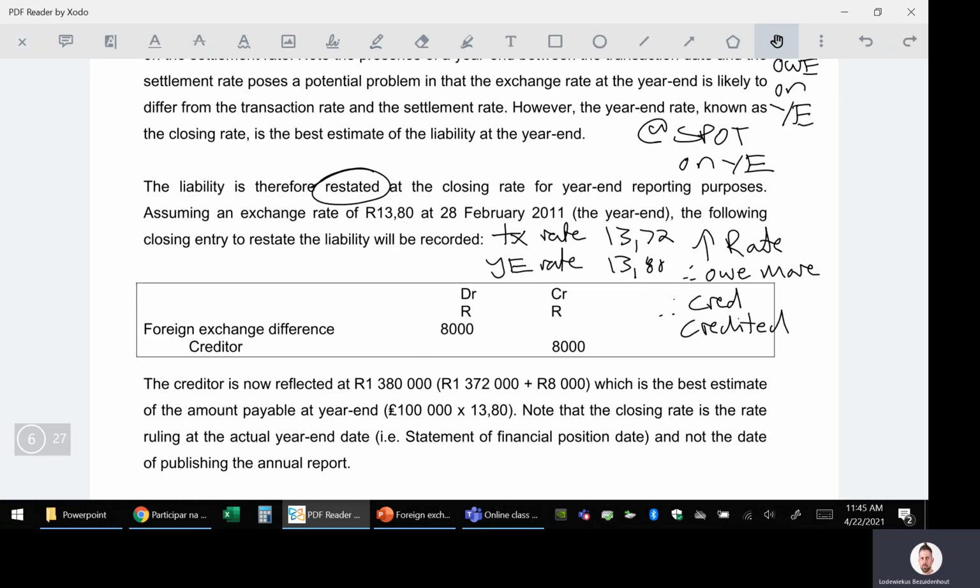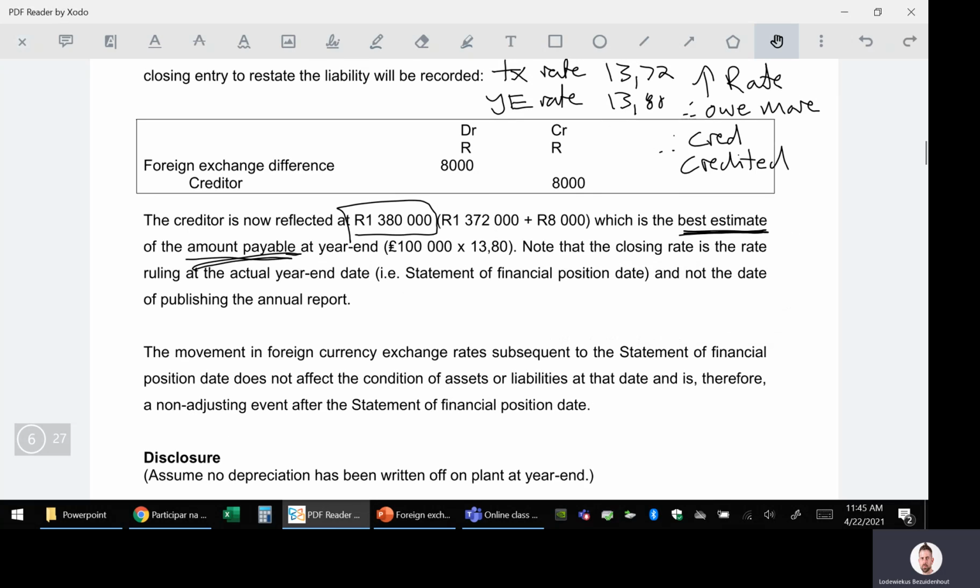Now the creditor is reflected as 1380, and that is the year end balance, the amount we still owe at year end at the spot rate. That's the best estimate to show in your financial statements of the amount payable at year end, by using the closing rate of the actual year end date.